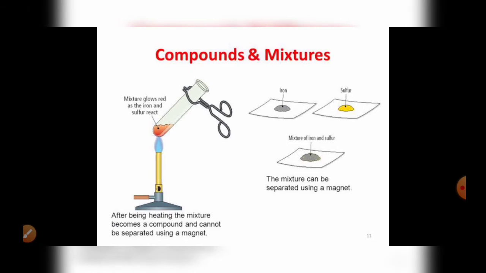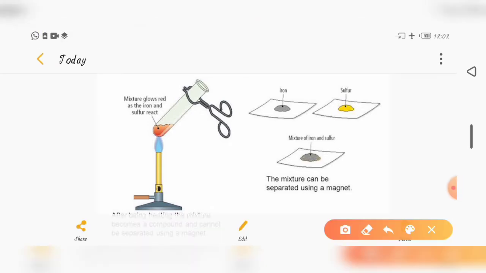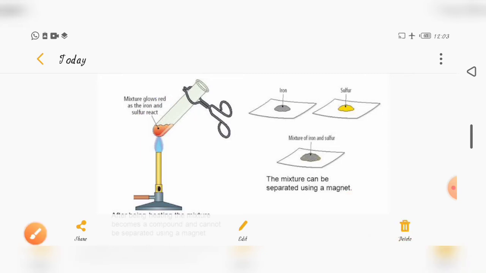The mixture can be separated by using magnets, but when the iron and sulfur are heated, they form iron sulfide. It is not attracted by the magnet, so it cannot be separated.